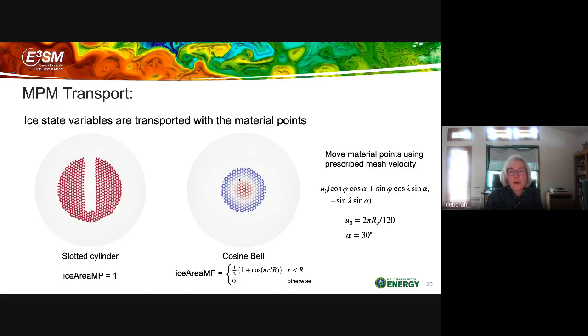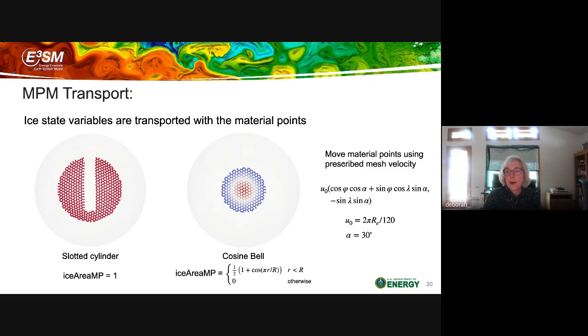So this is just unit concentration of ice. Here we have a disk of ice with a distribution of concentration in this cosine bell shape. Here, we're just going to move the material points in a prescribed velocity field. So we're not solving the momentum equation yet.